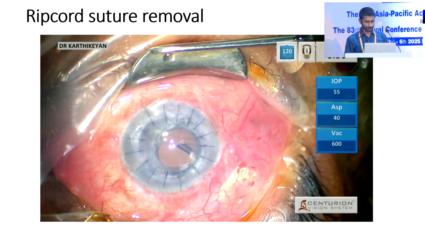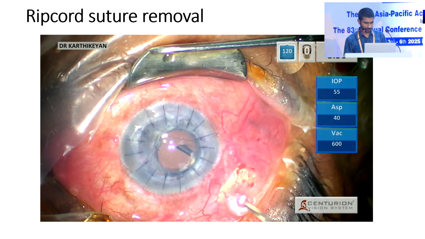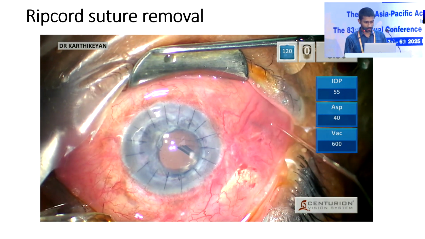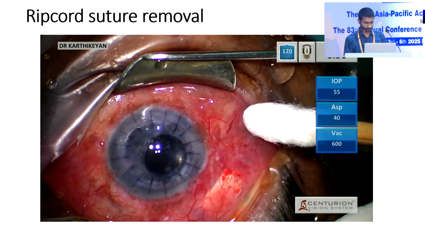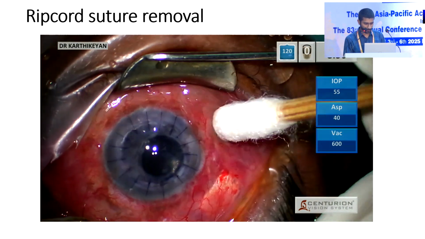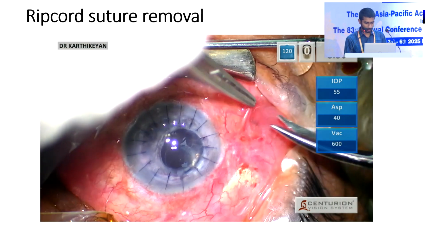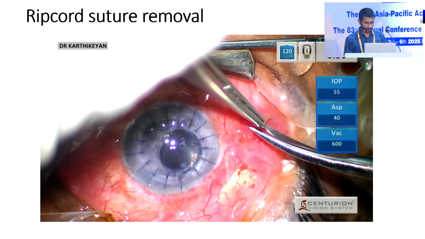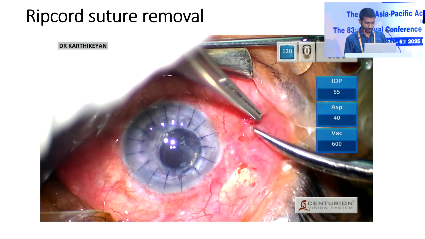So this is one of the cases in which we have used a Ripcord ligation suture. It is operated post PK with secondary glaucoma. Here first we are identifying the Ripcord suture. Then we'll make a nick in the conjunctiva.